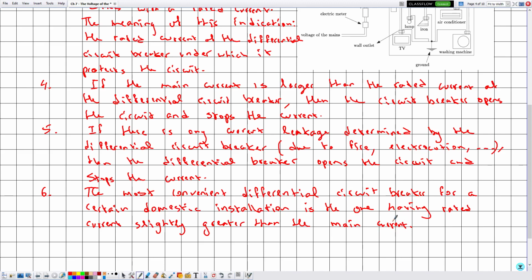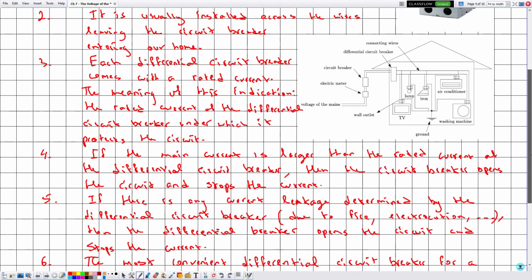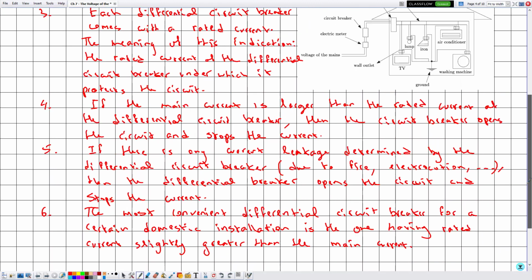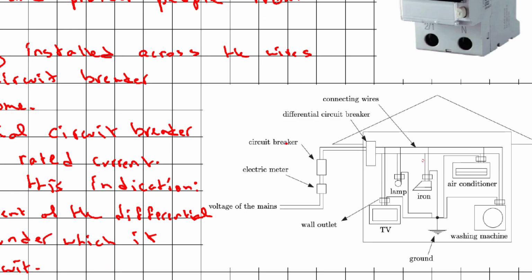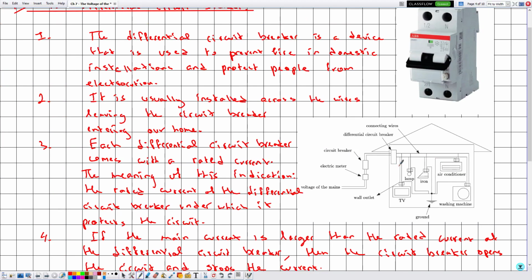So basically the differential circuit breaker is exactly the same as the circuit breaker, but it is usually installed between the circuit breaker and the house, and the additional option compared to the circuit breaker is that it protects people from electrocution.